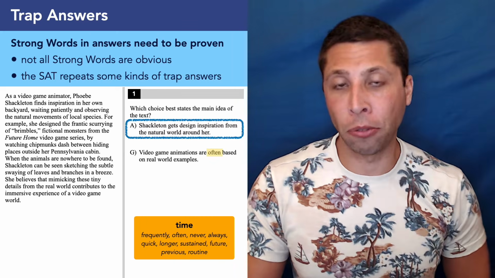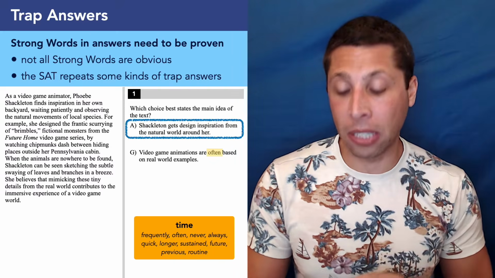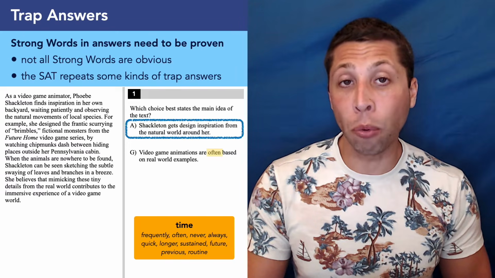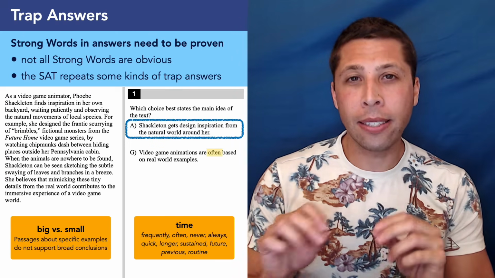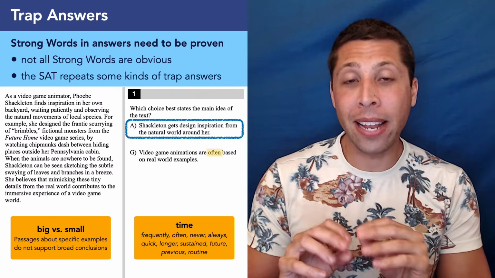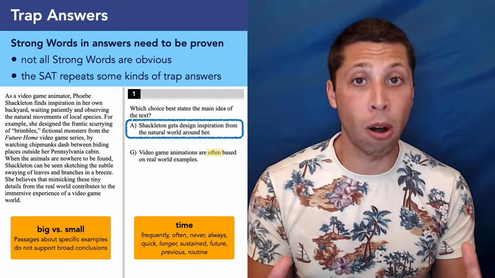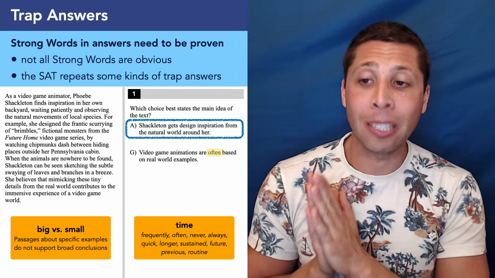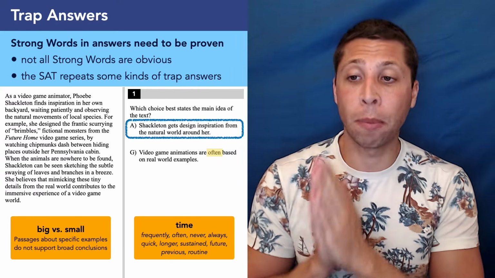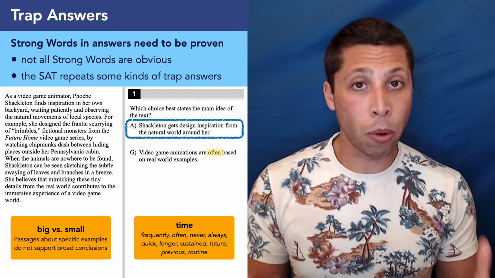But the bigger issue for me in this choice is less about the specific word and more about, again, the overall main idea of the choice. It seems to be talking in a way that goes beyond what the passage is saying. So this is what I call big versus small confusion. Passages about specific examples do not support broad conclusions. So what do I mean by that?